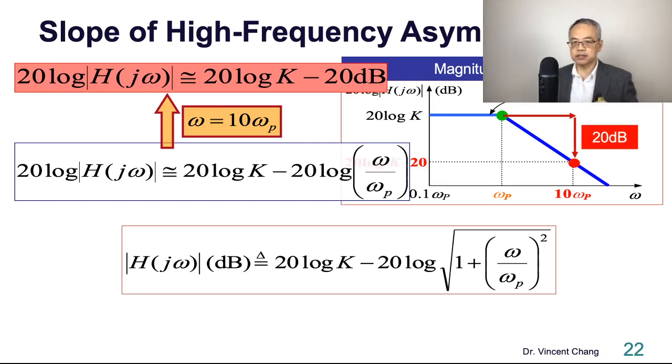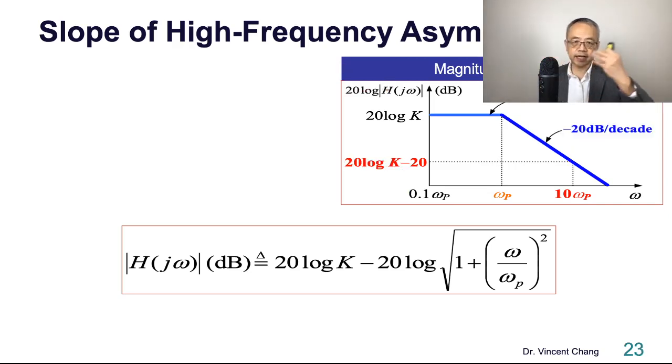So this tells us the slope of the straight line. The alternative representation for this slope is negative 20 decibel per decade, or negative 6 decibel per octave.